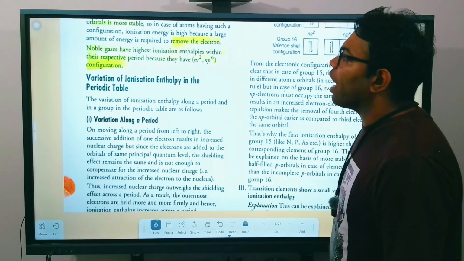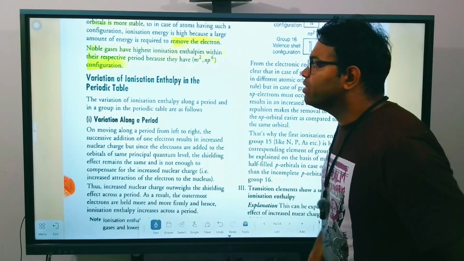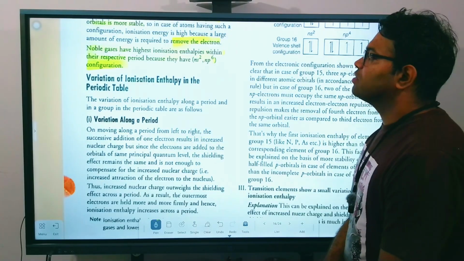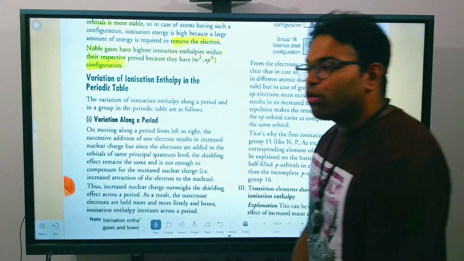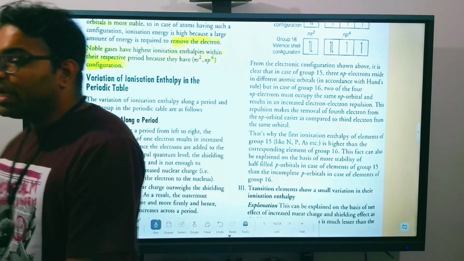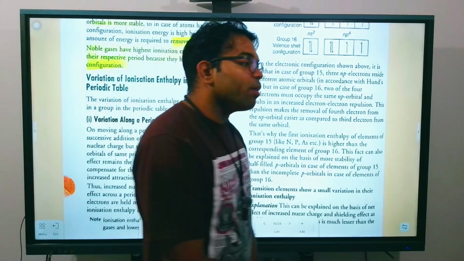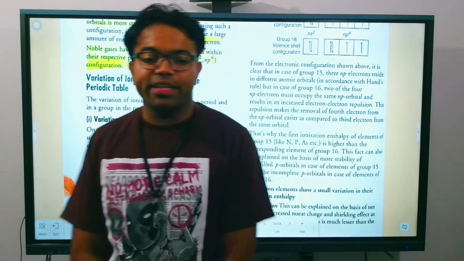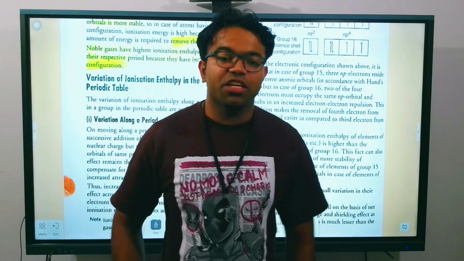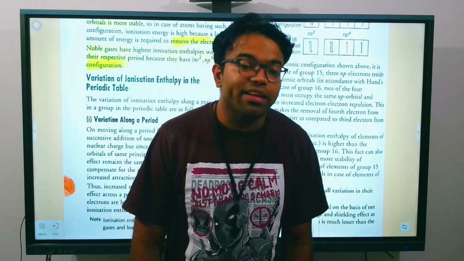Noble gases have the highest ionization enthalpies within their respective periods because they have ns2 np6 configuration. Because they are completely filled, it will require more energy to disturb this beautiful symmetry that they have. So the ionization enthalpy of noble gases is really, really high.